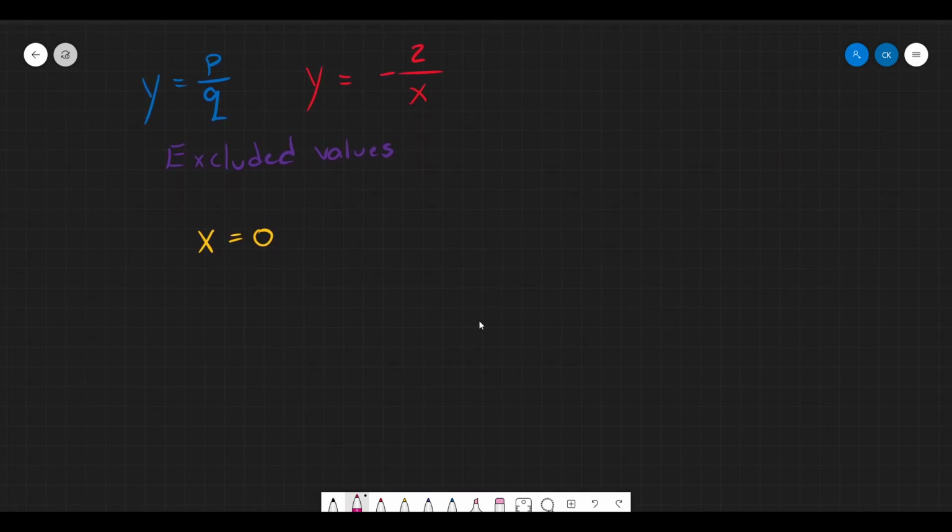Okay? Now, it does get a little more complicated, obviously, with the denominator changing. Let's say I wanted to determine what the excluded value of the function y equals 2 over x plus 1 is. Okay? So again, if I wanted to figure out what my excluded value was here, all I'm going to do is take the entire denominator, this whole thing here, and say, well, I know that I don't want this to equal 0, so let's figure out what it is if it does equal 0.